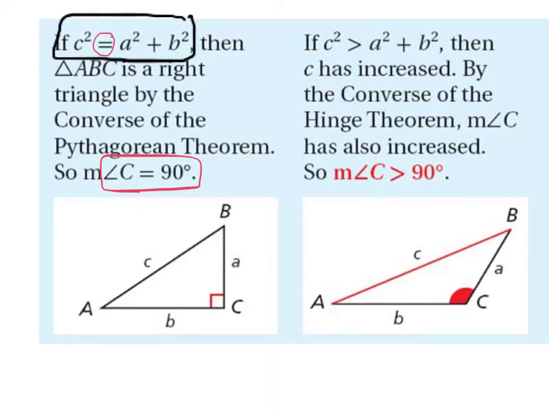If you do the Pythagorean theorem and you get the hypotenuse squared being greater than the sum of the two legs squared, you have what's considered an angle greater than 90, in other words, obtuse.